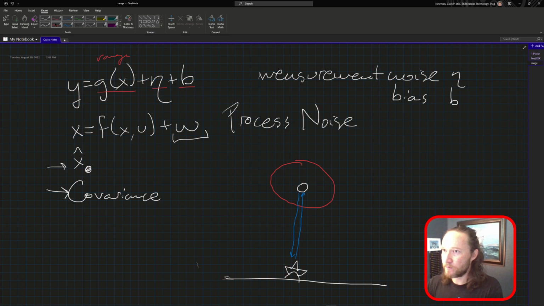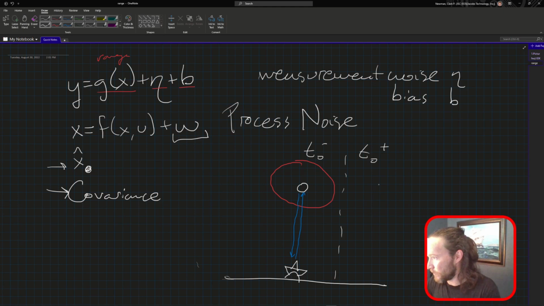As we process this data, we get an update to the actual position. So this is T0 minus and T0 plus: right before we process the measurement and right afterwards. We process that measurement and find out we're not here, we're actually up here. You can see I've shifted it up a little bit.